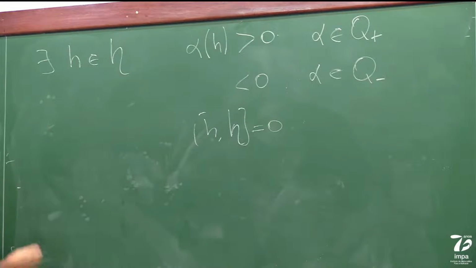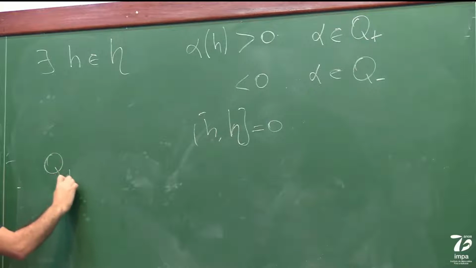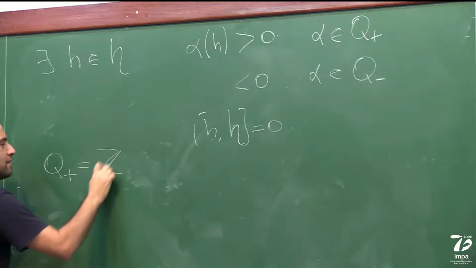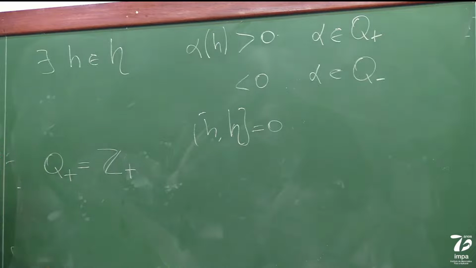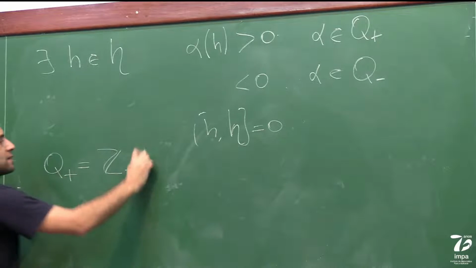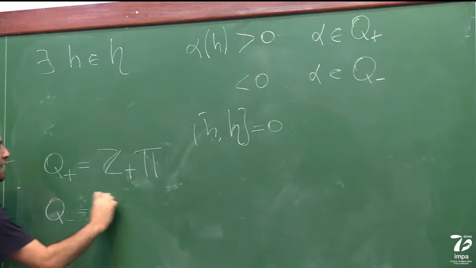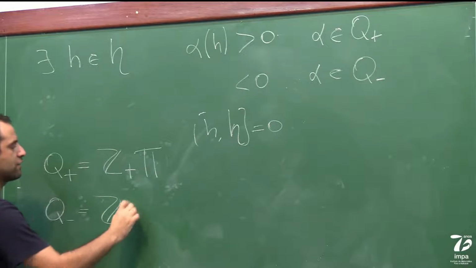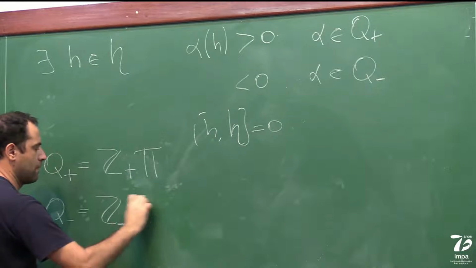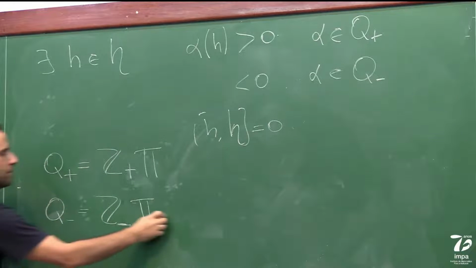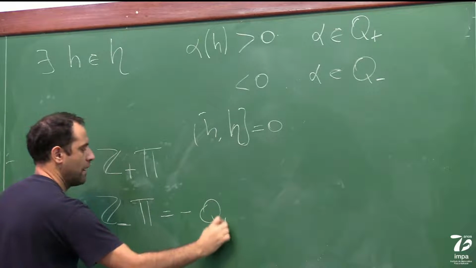So I need to tell you what Q plus and Q minus are. Q plus is going to be the linear combinations with positive coefficients on pi, and Q minus are going to be the linear combinations with negative coefficients on pi, or minus Q plus.